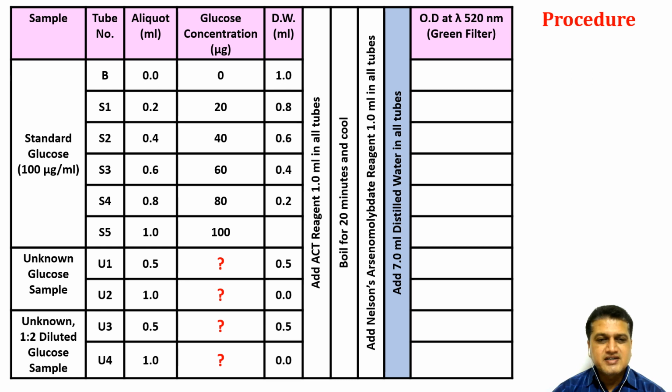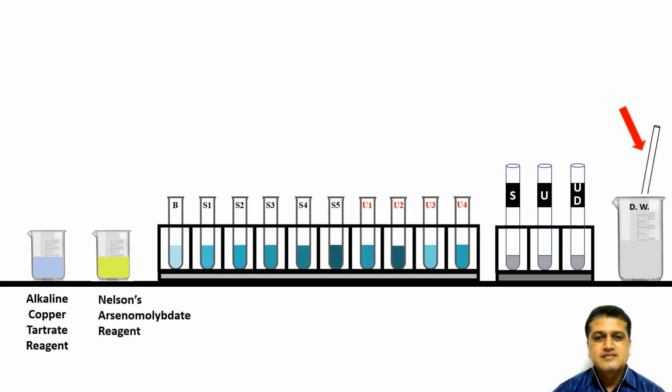Now, add 7 ml distilled water in all tubes to dilute the color developed and to make final volume 10 ml. Pipette in distilled water using 10 ml glass pipette.